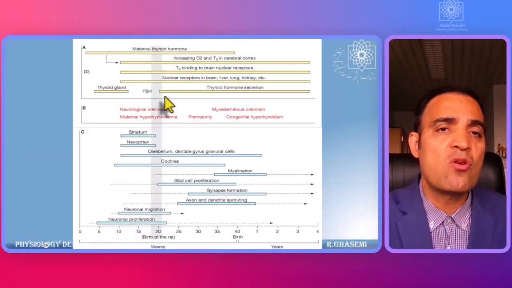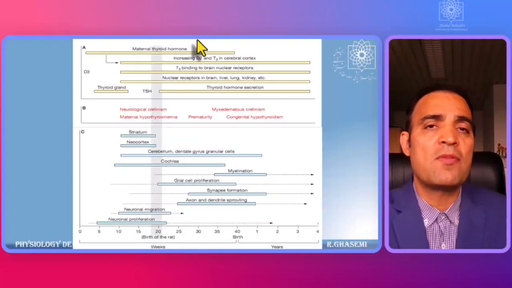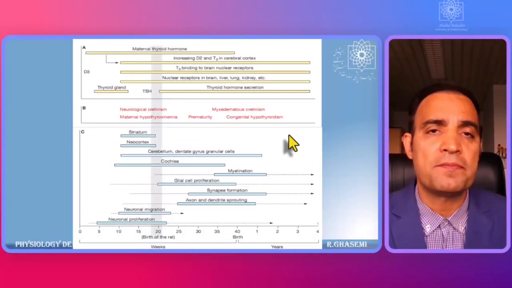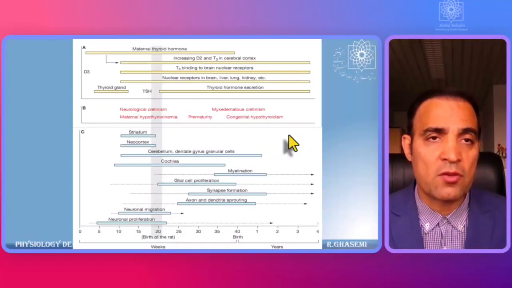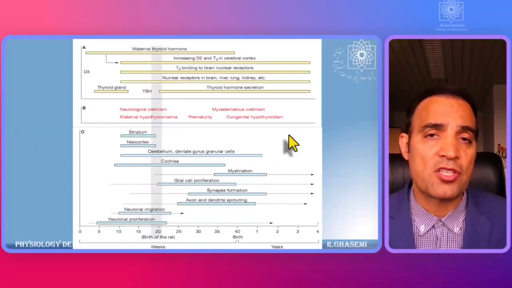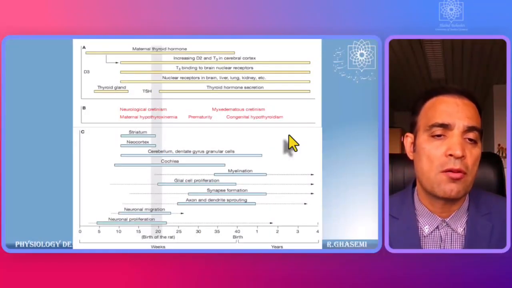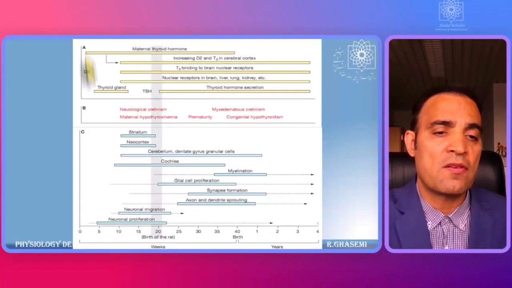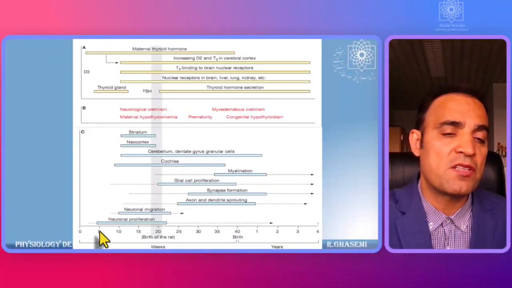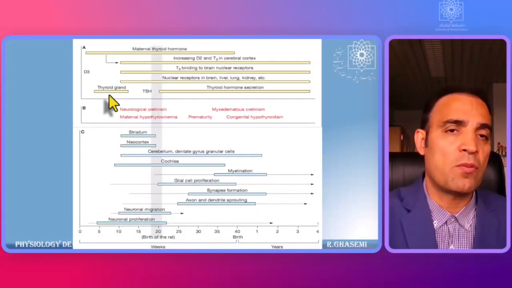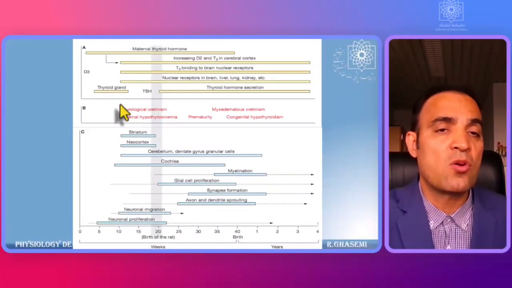This figure shows the timeline of thyroid hormone expression and function. As you see, from early embryonic life, even less than 5 weeks of gestation, the thyroid gland develops and starts to produce the hormone.